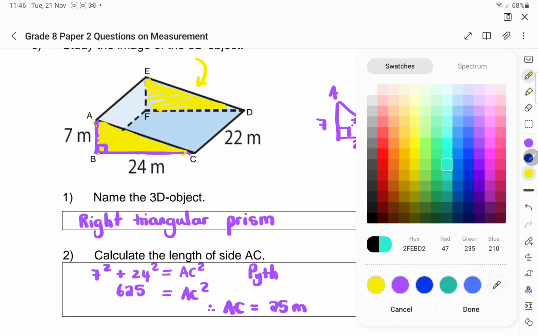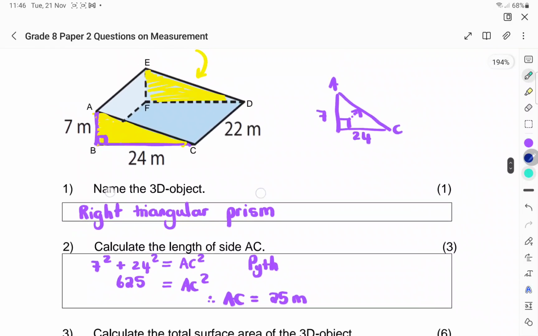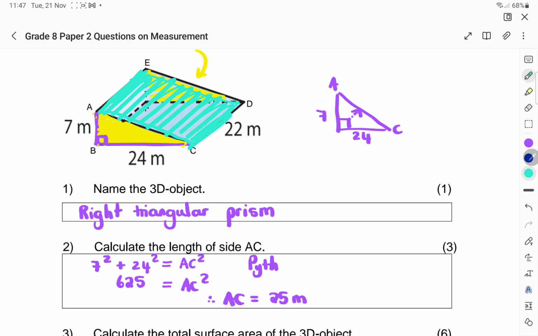Okay. Now, I always say with the triangular prism, there are 3 rectangles. There's this front one, there's the back one, and there's the bottom one. But this measurement that it pops out with, this 22 meters, is what is going to times with each length of the triangle's sides.